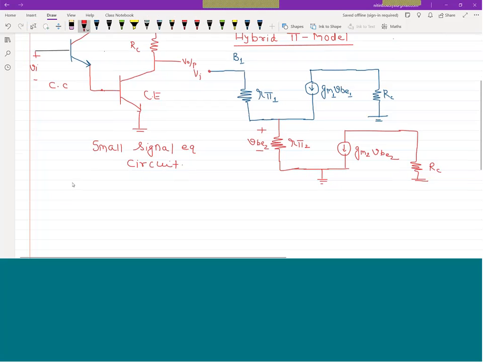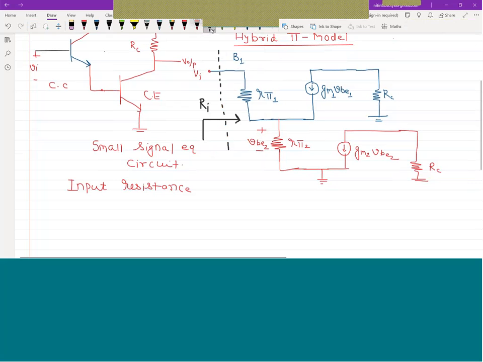So what is the input resistance of the circuit when you remove this supply and look inside? This resistance is known as input resistance.